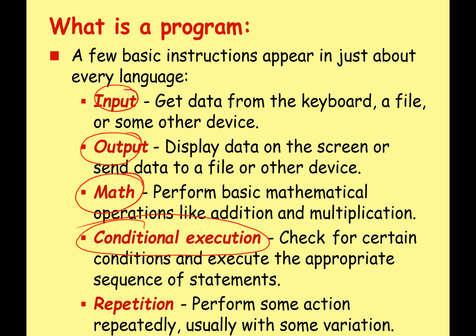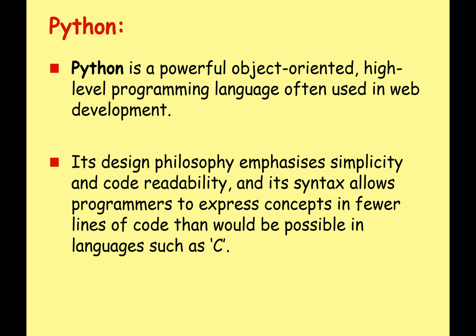Conditional execution. Is it the right password or the wrong password? Is it somebody under the age of 15? Is it somebody over the age of 15? Do different things in different circumstances. This is conditions. And as I say, we're always going to have a lot of repetition. Computers perform the same tasks many, many times. They're very good at doing that.